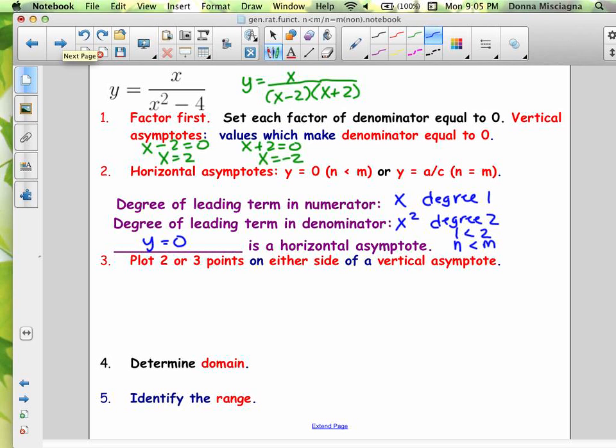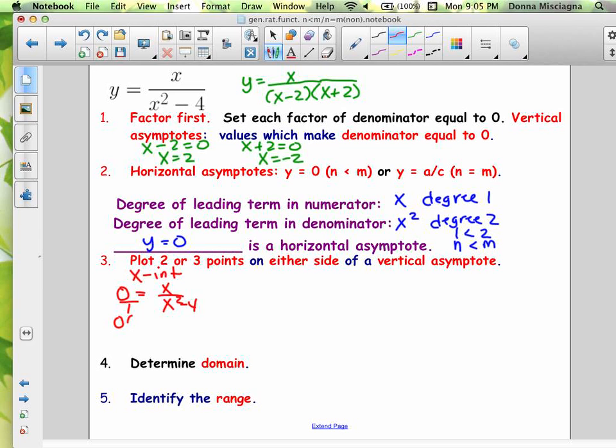On this page over here, let's find the x and y intercepts. To find the x-intercept, so notice that if I plug in 0 for y, oops, that's supposed to be an x, what the heck happened there? If I plug in 0 for y and cross multiply, every single time I'm going to get whatever's in the denominator being multiplied by 0.